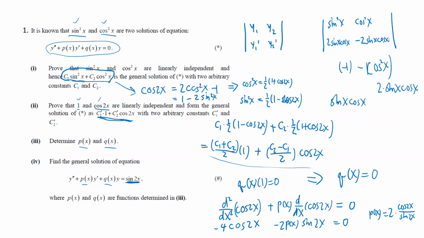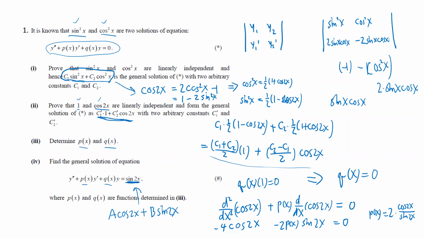So whenever you see the sine function, the particular solution that you have to try is some constant times cosine 2x plus some constant times sine 2x. This is always the form that you are going to try.